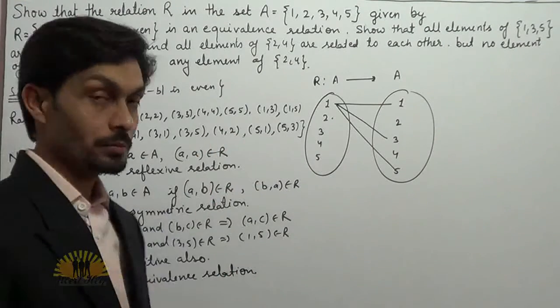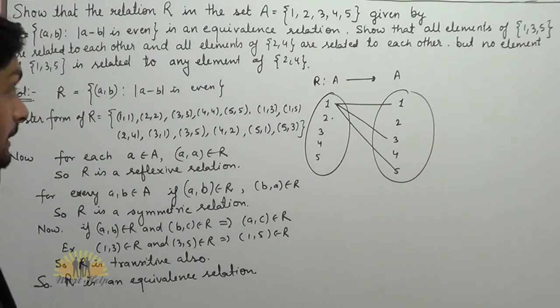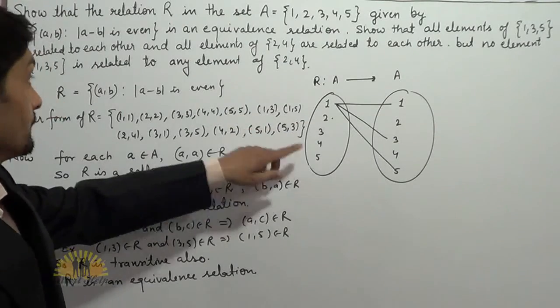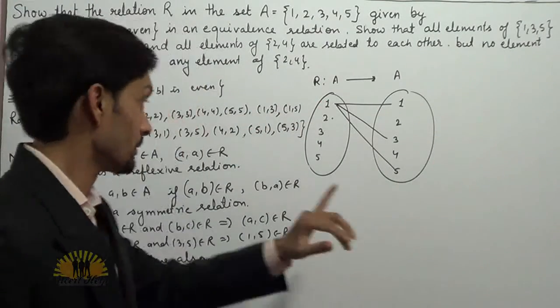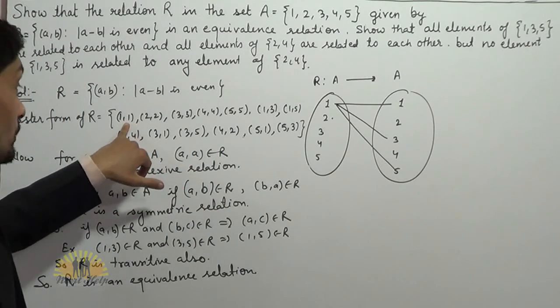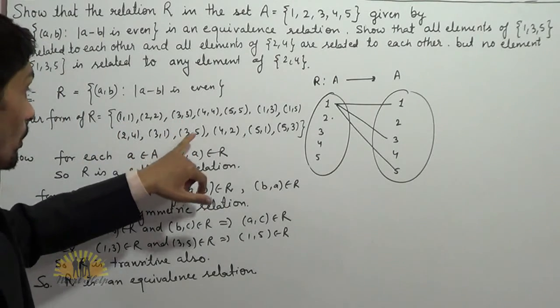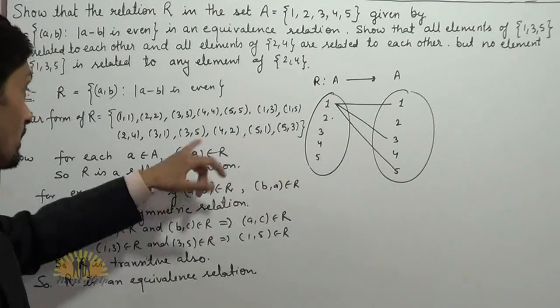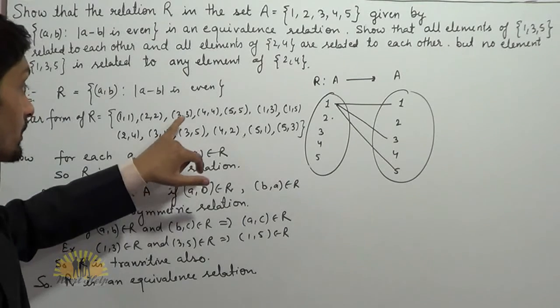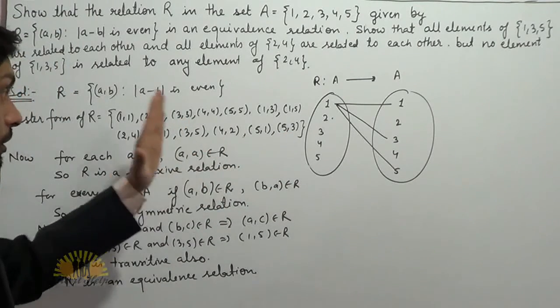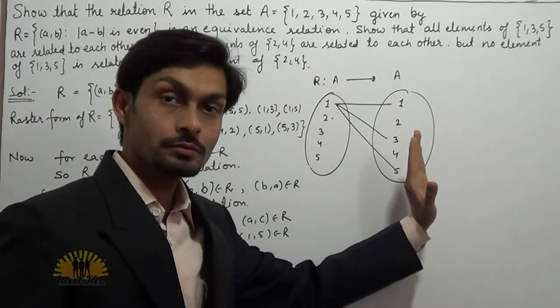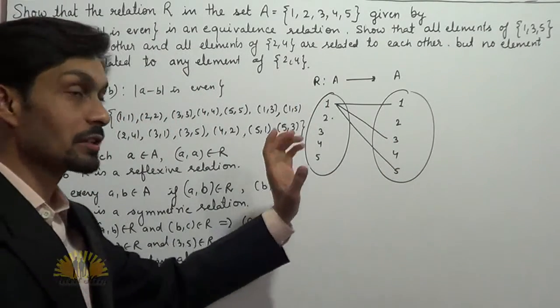And from the roster form, it can be easily observed that the odd numbers 1, 3, 5 are related to each other. It means 1 is related to another odd number, 1 to 3 or 1 to 5. Similarly, 3 with 1, 3 with 3 and 3 with 5. No odd number is related to an even number and no even number is related to an odd number.